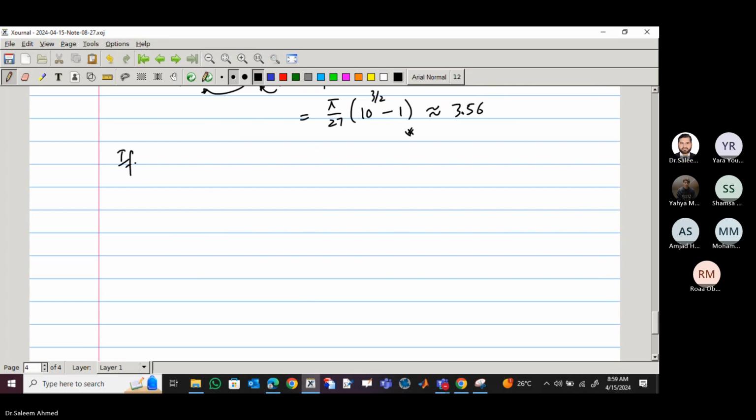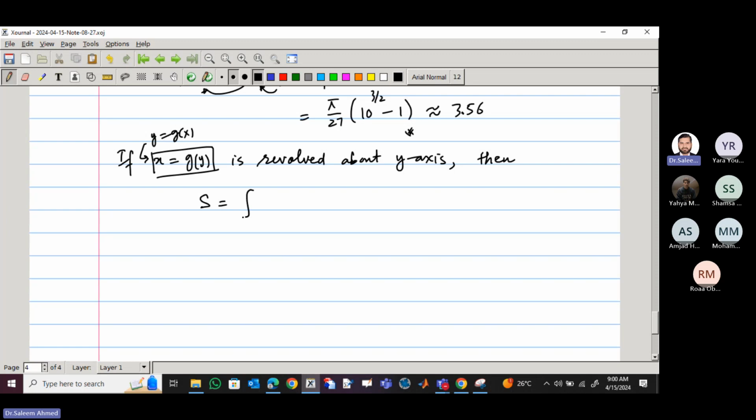If x is equal to g of y is revolved, I will write x is equal to g of y. I will find x in terms of y, revolved about the y-axis, right?